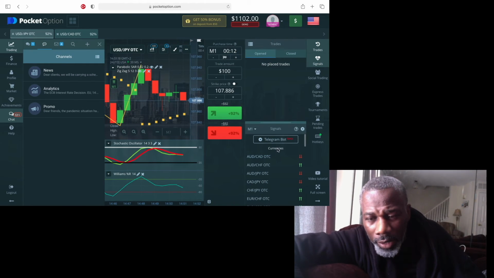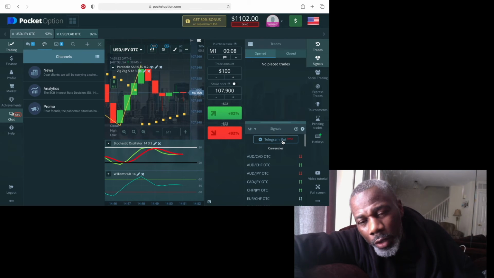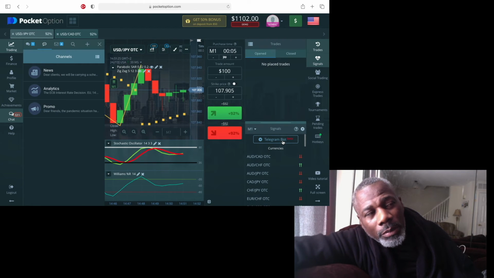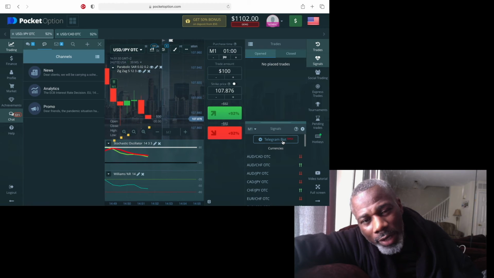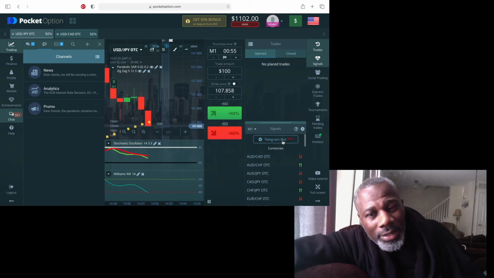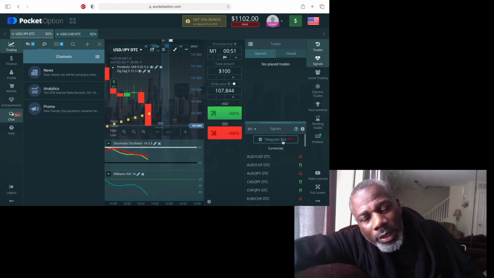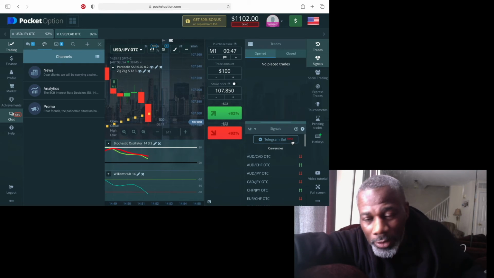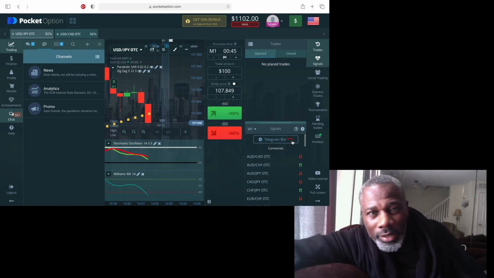Oh, another thing, they have a bot that's set up, it's in beta, where if you click this bot, it will take you to Telegram, and you can set it up in Telegram to automatically trade. I tried this in demo mode, and I can say that it has some wins and losses, but you don't want to put your account in charge of a robot. And again, it says beta. Beta means it's a test.